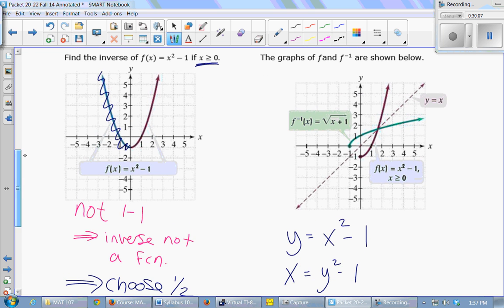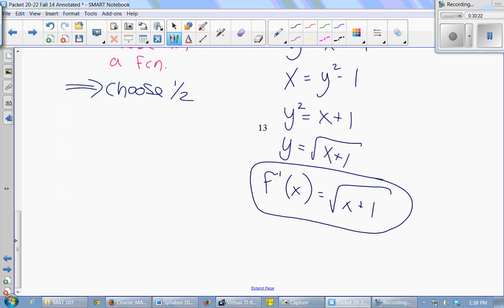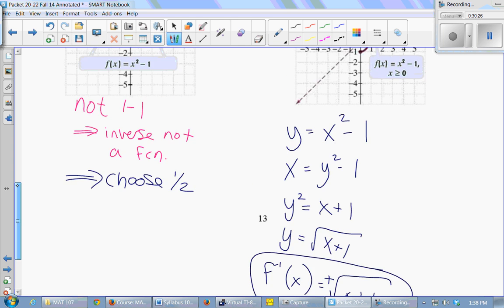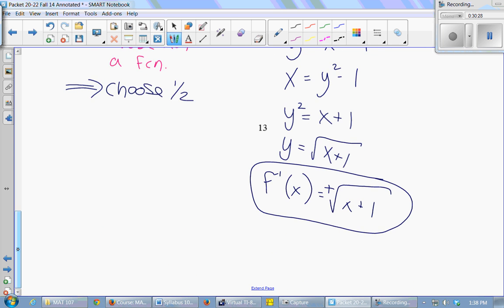So if I'm restricting my domain to x is positive here, the domain of the regular function is all positive numbers. That should be the range of the inverse. That's why I chose the positive square root. Right? If my domain of the original is positive numbers, the range or the outputs of my inverse should be positive numbers.